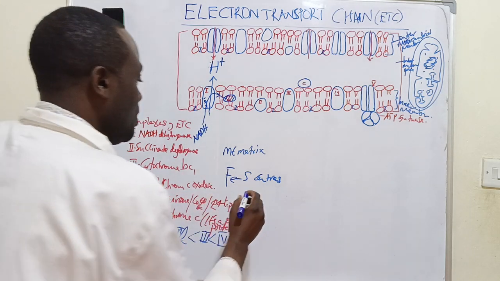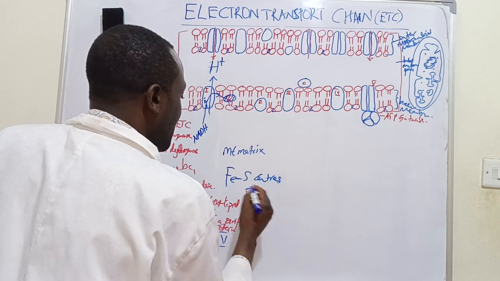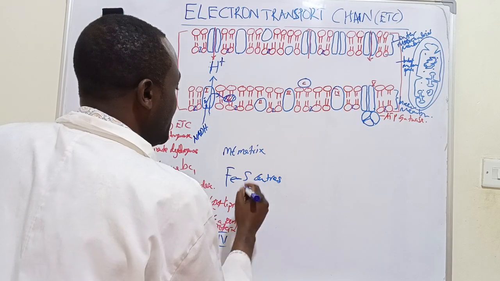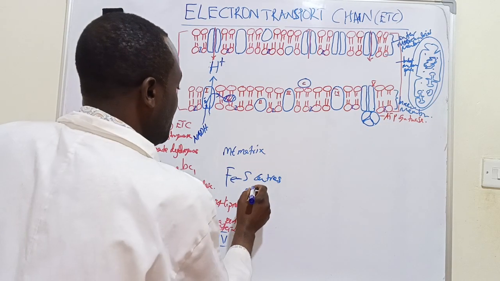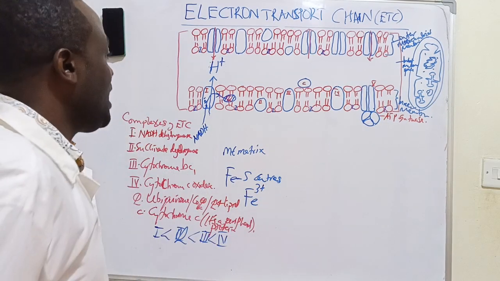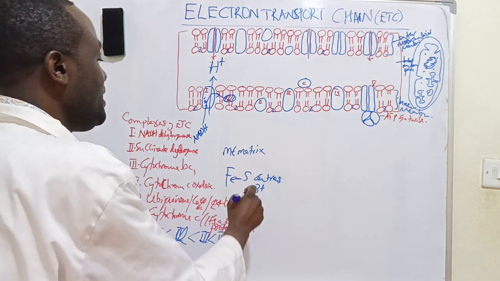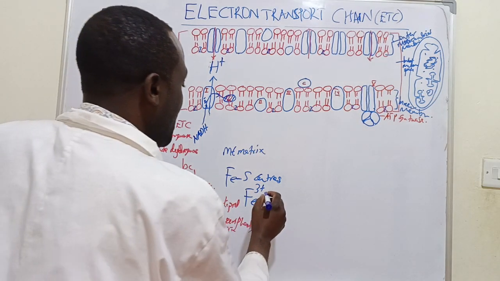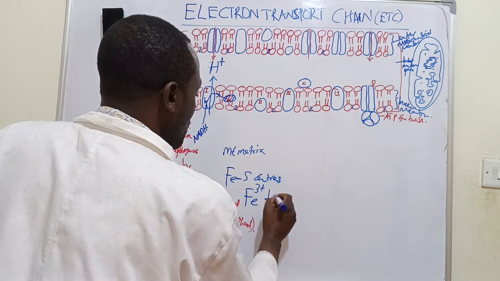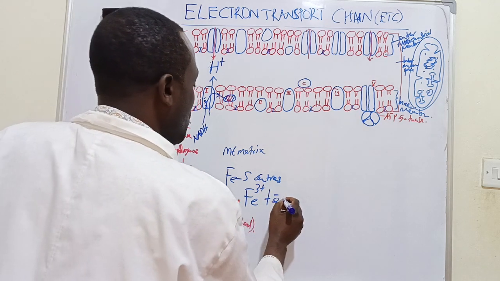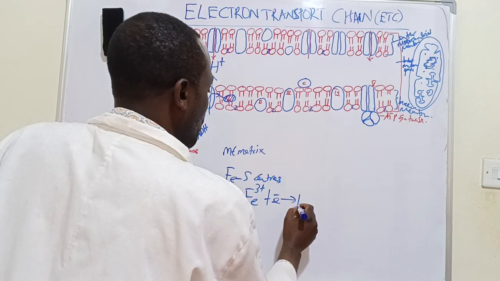You all know that iron can exist in various oxidation states. Now, before picking an electron, in complex 1, iron is in oxidation state +3. On receiving an electron, iron is taken to +2 oxidation state.